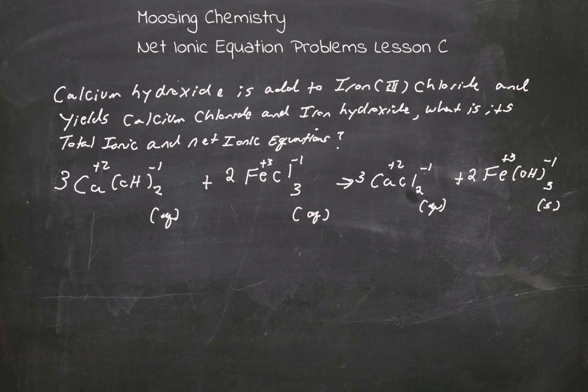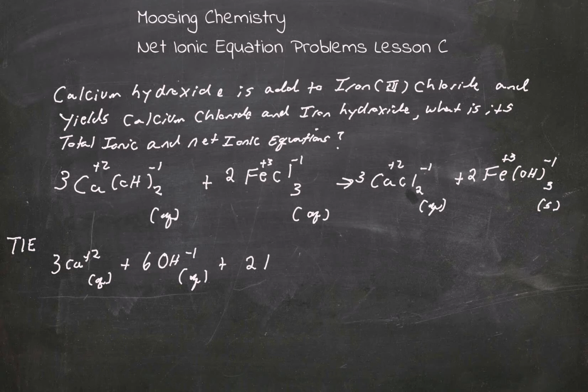All right, so we're going to go with TIE, T-I-E. I like to call it the TIE. So you go 3Ca plus 2 AQ plus 6OH minus AQ. That 6 comes from 3 times 2. Okay, just to show you that.